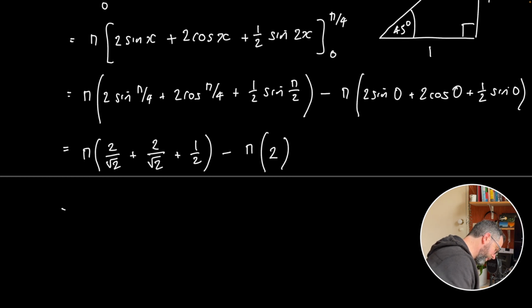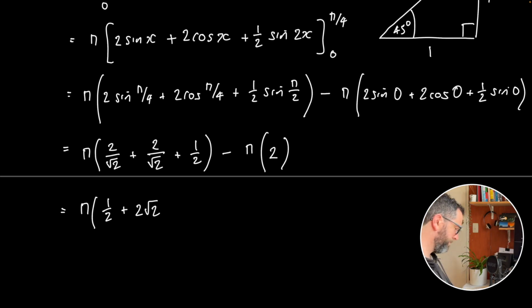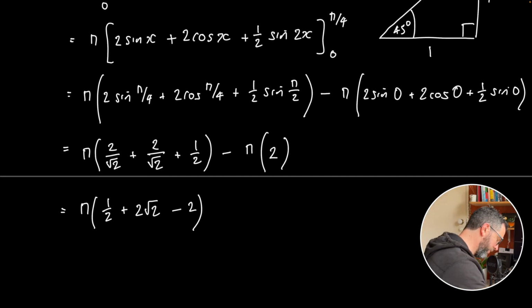So tidying this all up, we've got 2 over root 2 is just root 2, so it's going to be pi times 1/2 plus 2 root 2, and then it's going to be minus 2. Okay, so hopefully that is a positive thing.